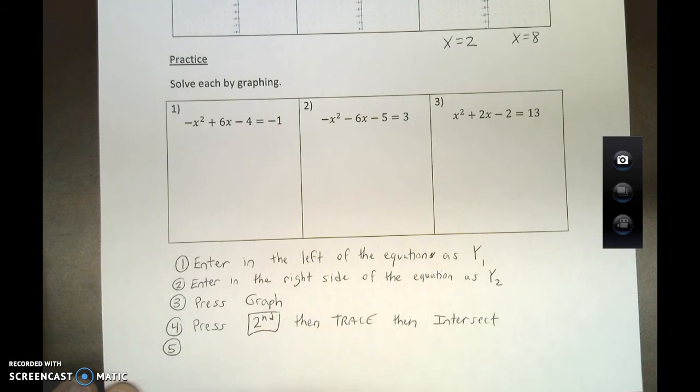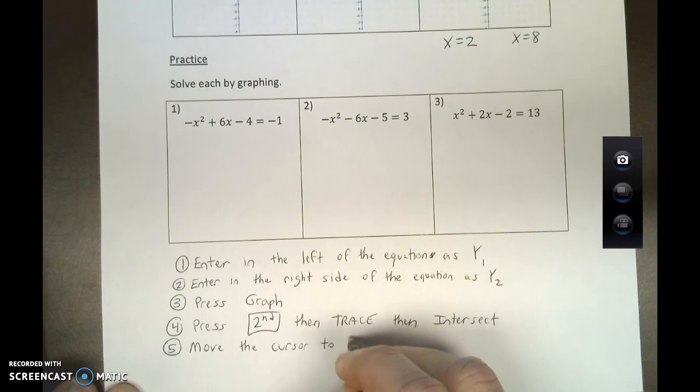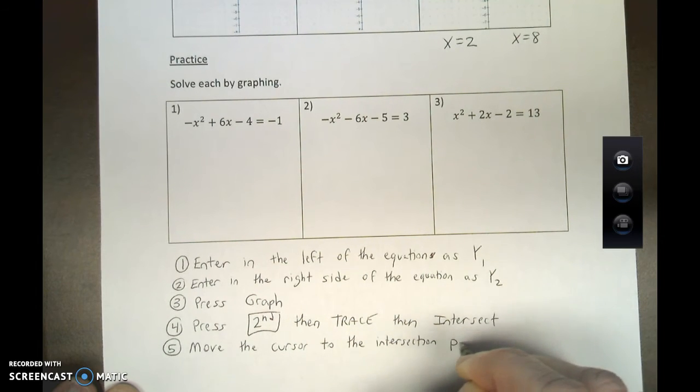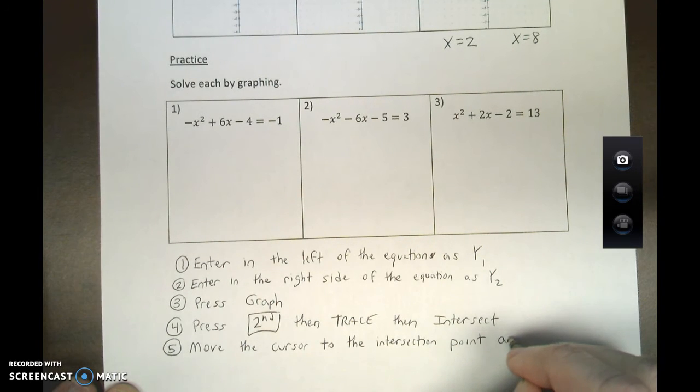And our fifth step is to move the cursor to the intersection point and press enter 3 times.